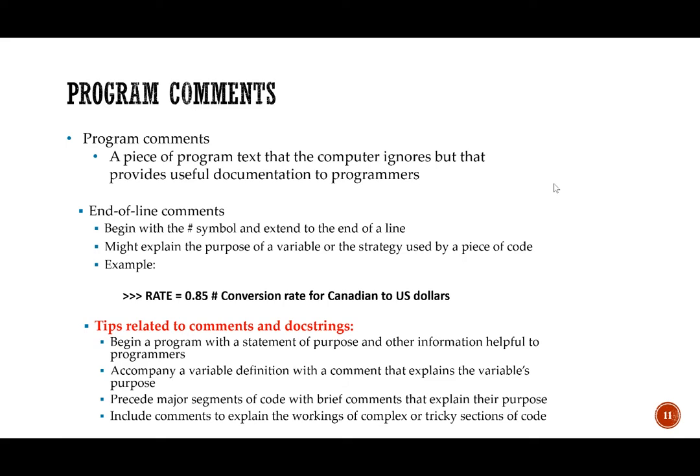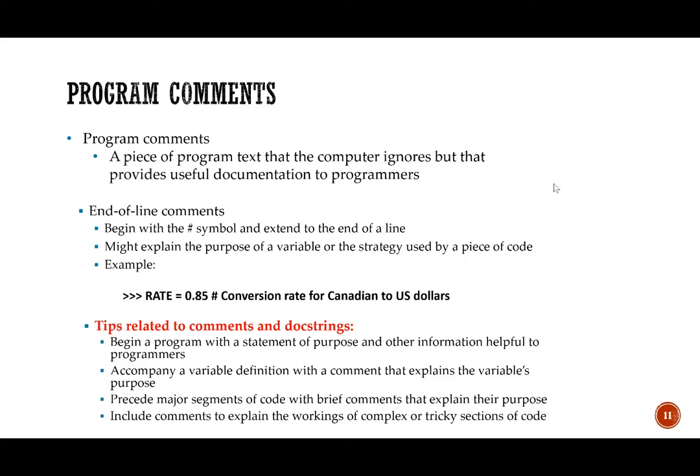Begin a program with a statement of purpose and other information helpful to programmers, for example, your contact information, that this program calculates the exponential distribution or generates 100 instances of random numbers. Then accompany a variable definition with a comment that explains the variable's purpose, that is, why you define these variables.